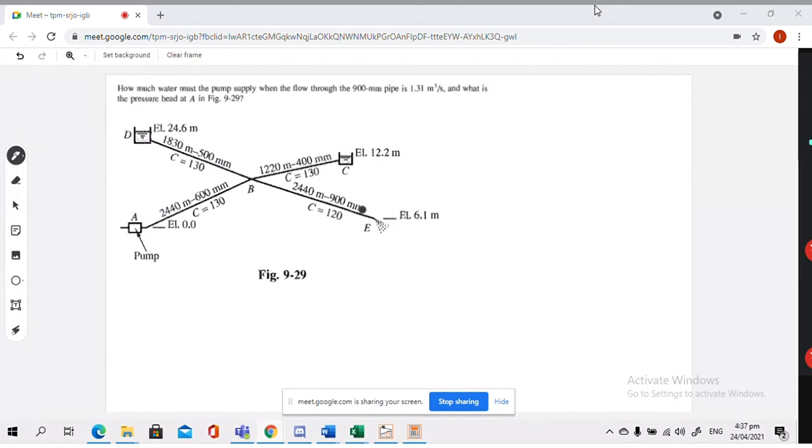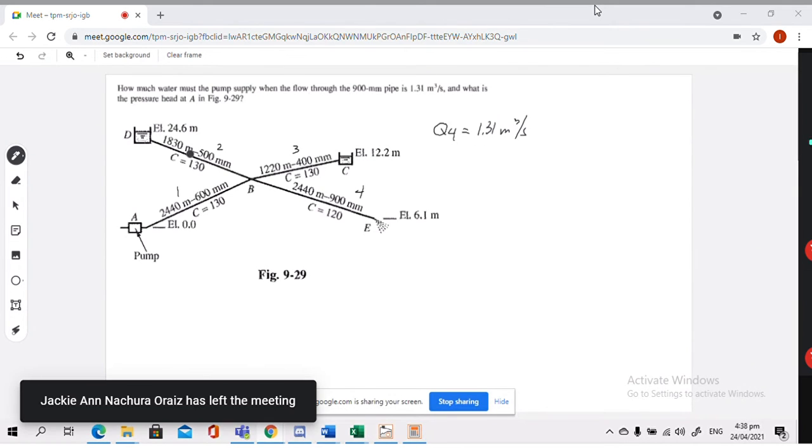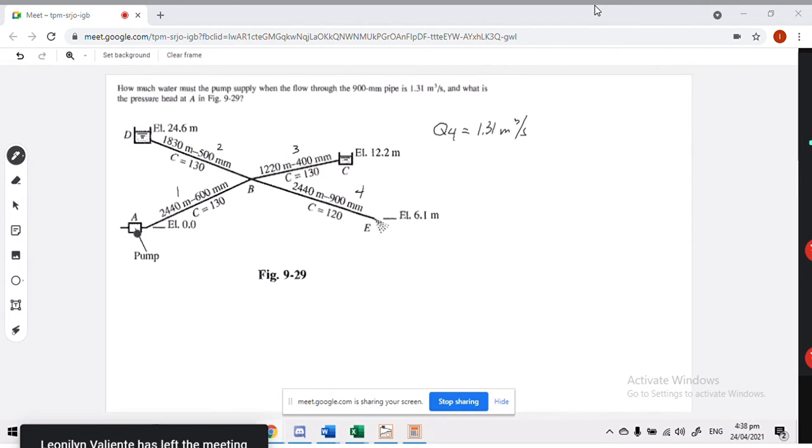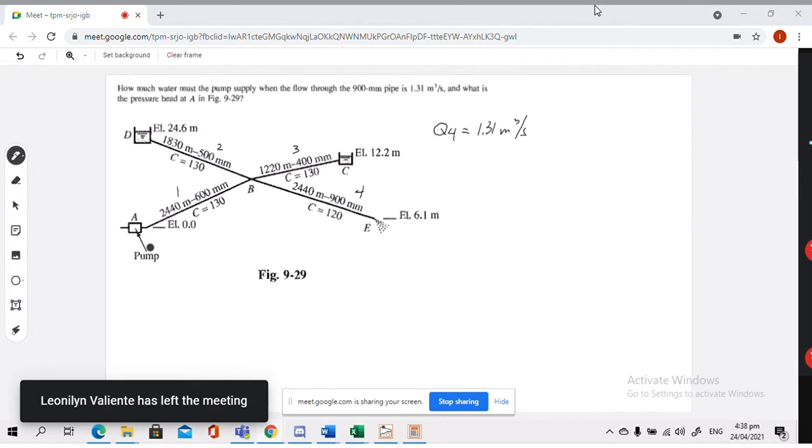Kay bawta ato na pong panganlan 1, 2, 3, 4. Ako nang gi-1 kay naman diha ang pump. So Q4 is equal to 1.31 meter cube per second. What we are asked is determine this one and the pressure head at A.